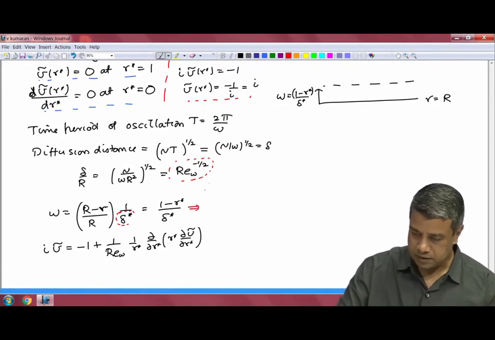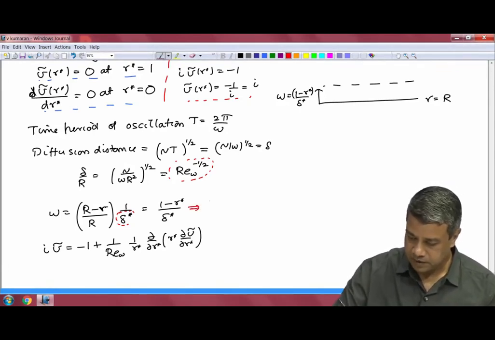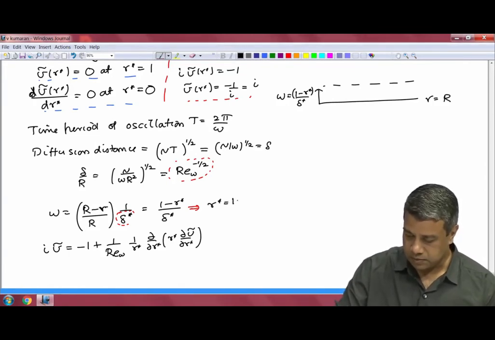And from this I can write r star is equal to 1 minus w times delta.